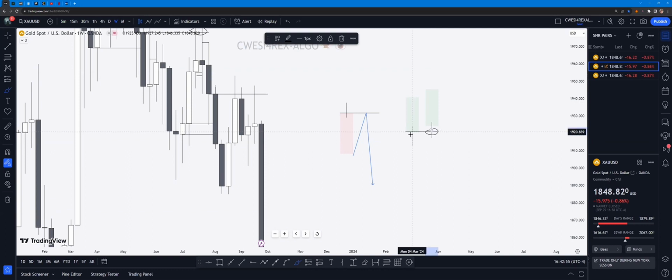You can see price should reject this level and close above it. But if price closes below it, then you have to be thinking to close your position or your entry.